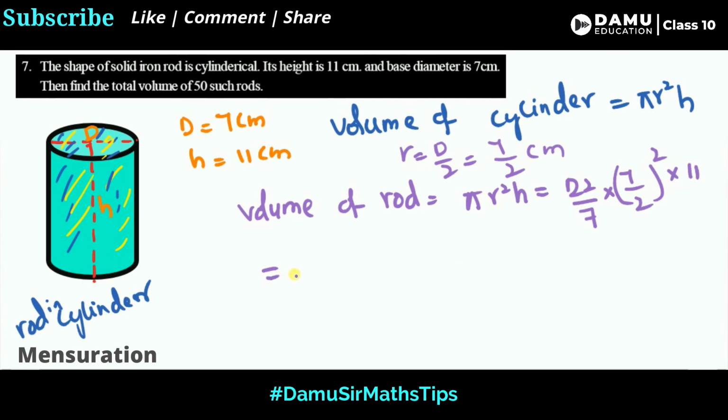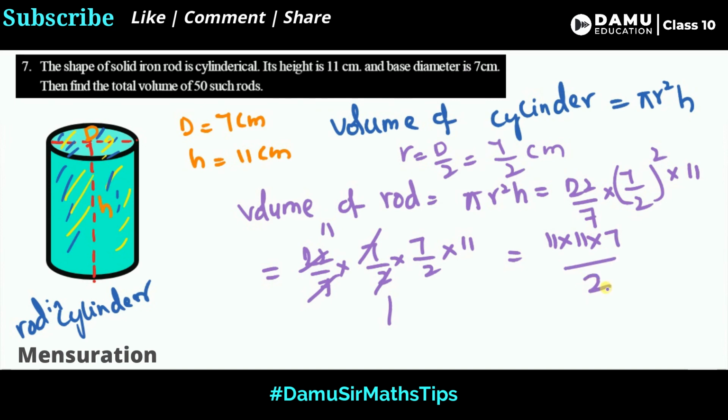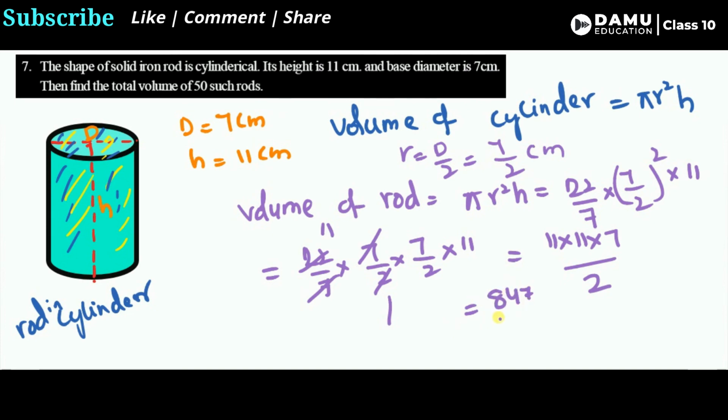So 22 by 7 into 7 by 2 into 7 by 2 into 11. 7 will cancel, then 2 ones are 2, 11 ones are 11. So 11 into 7 by 2. 11 into 11 is 121, into 7, so we get 847 by 2.